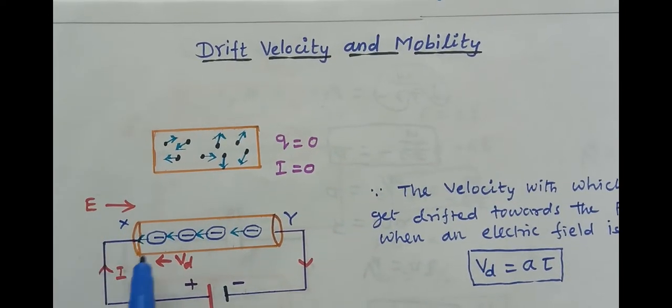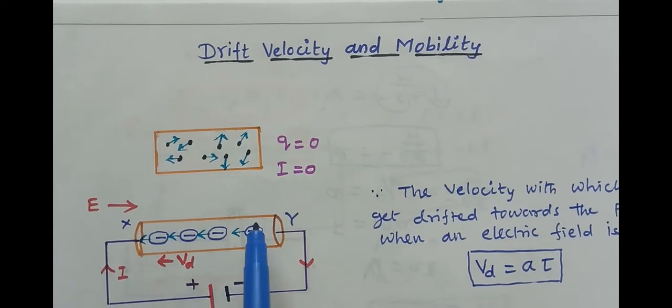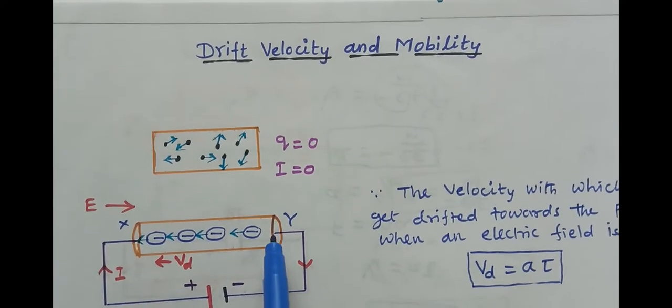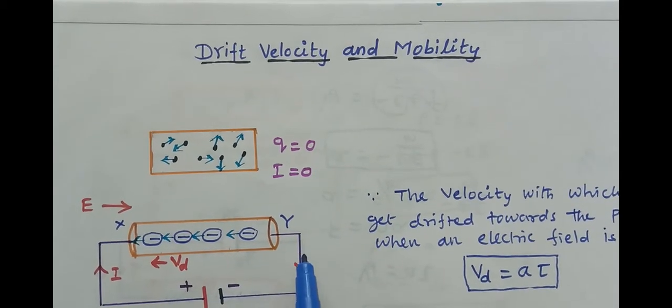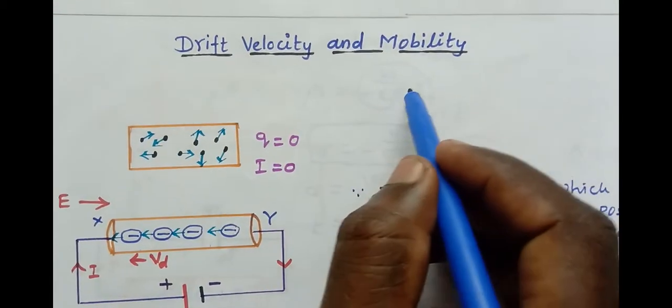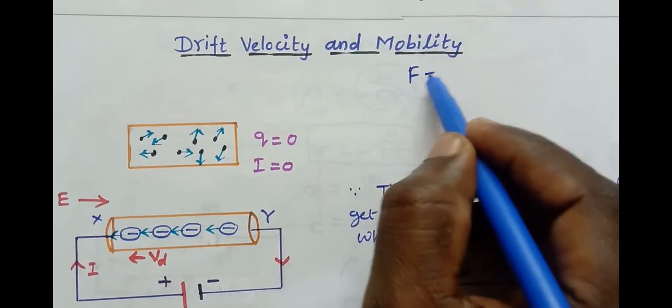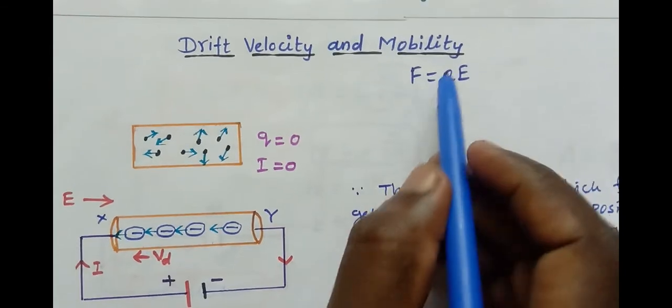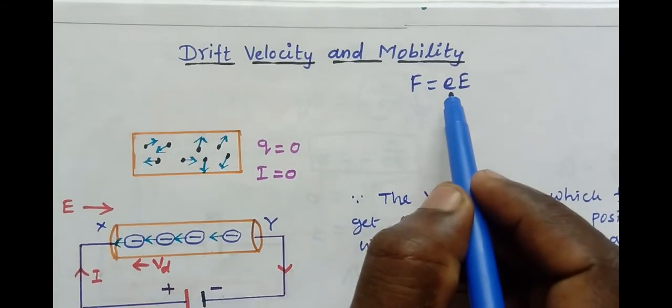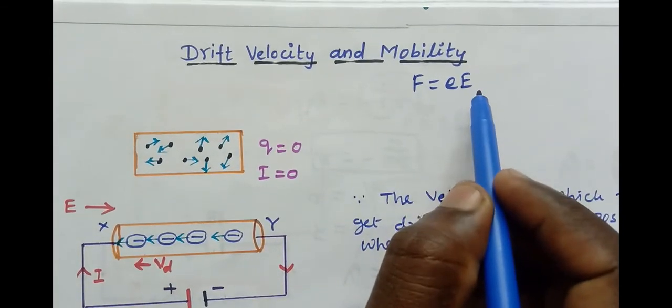Now the electric field is applied. The free electron at the end of the conductor Y experiences a force. Therefore F is equal to eE. Here e is the charge of the electron and capital E is the electric field.